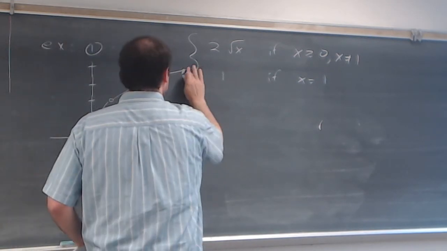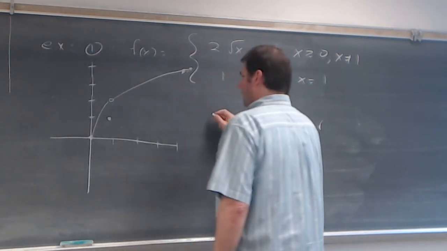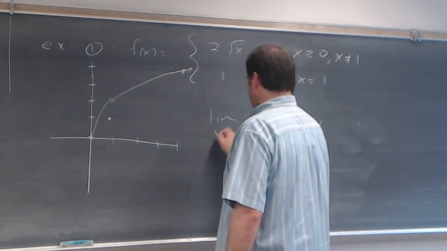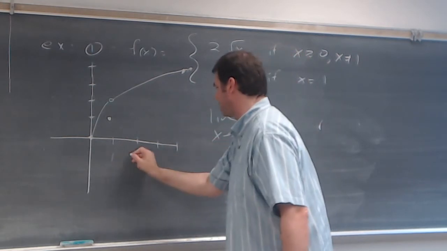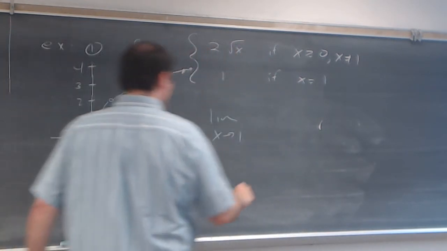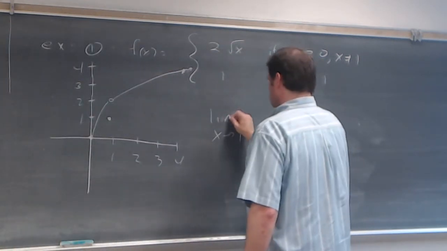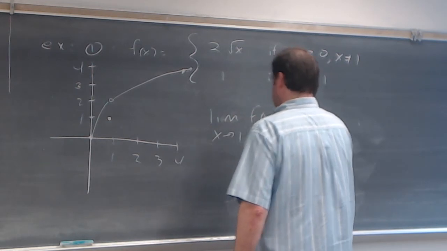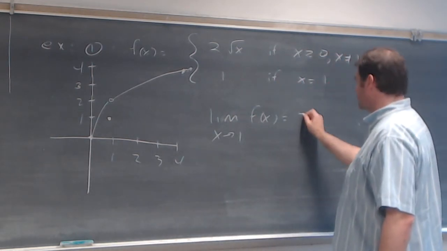The function continues on in this way. What I want to tell you is that the limit as x goes to 1 of this f(x) is equal to 2.